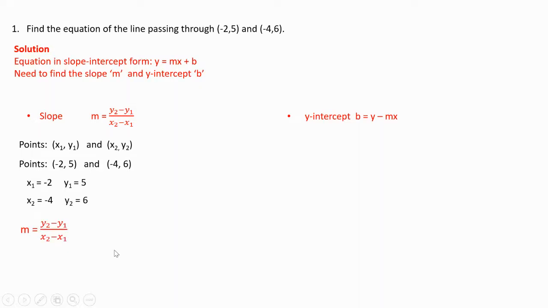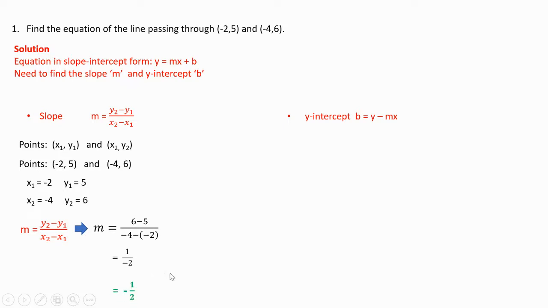So we plug into the formula: y2 minus y1 is 6 minus 5, and x2, which is -4, minus x1, which is -2. Let's simplify. This is 1 on the numerator, and on the bottom, the two negatives become a positive, so -4 plus 2 gives us -2. So my slope is -1/2.